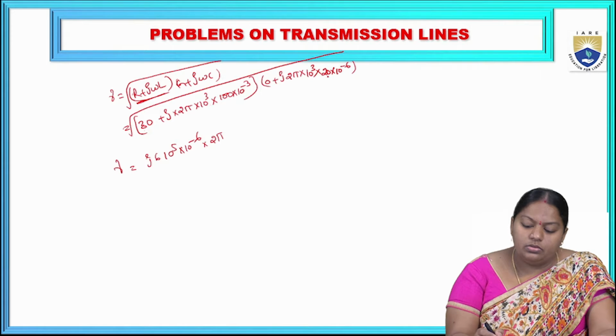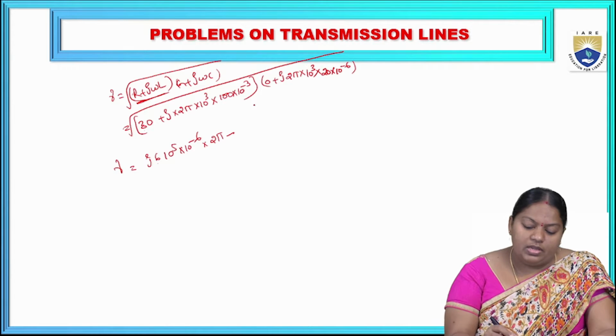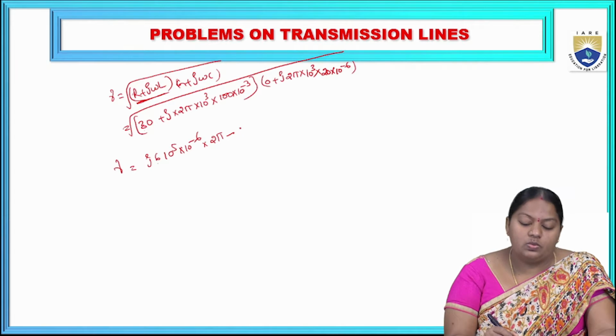That is the j value, and then 30 into these two becomes the second thing. And this one multiplied with this thing means j into 0 becomes 0, and j into j becomes j square, whose value is minus 1.